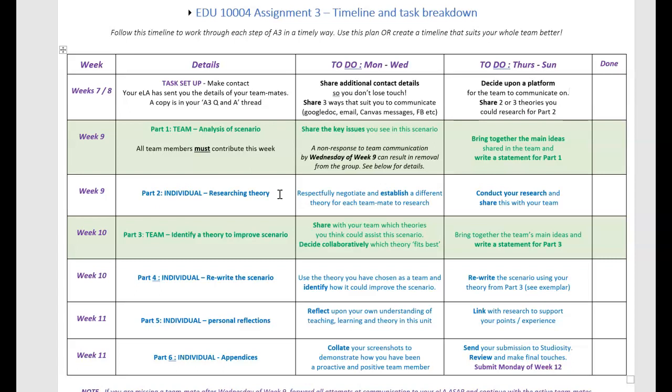This is part of you being positive and respectful when you negotiate with your team which theory fits best. We know there won't be one that meets every single need perfectly, but it would be great for you to identify one, because you're going to use that theory to improve the scenario.